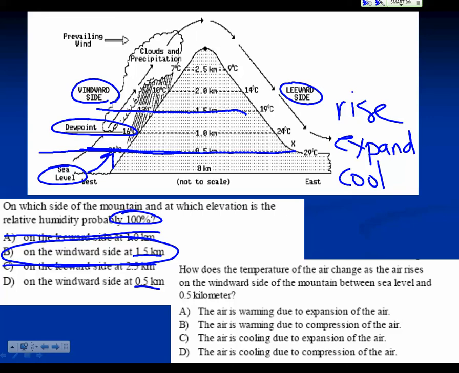And we want to find an answer that has something to do with rising, expanding, and cooling. So we know we can get rid of warming due to expansion. That's just not right at all. And warming due to compression. So we're looking for cooling due to expansion. And that is choice C.